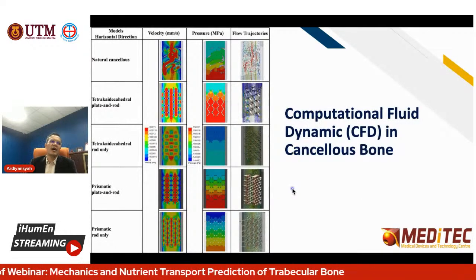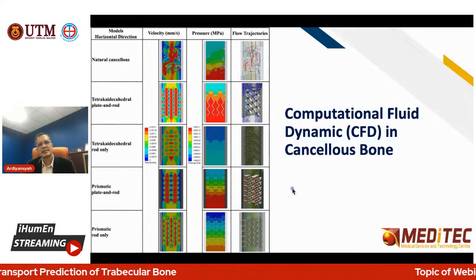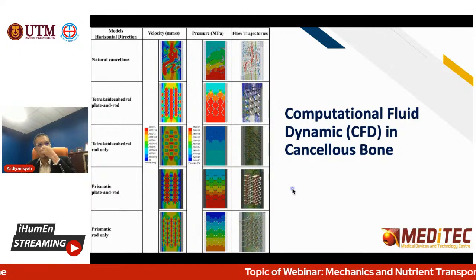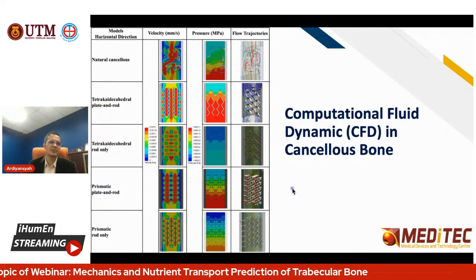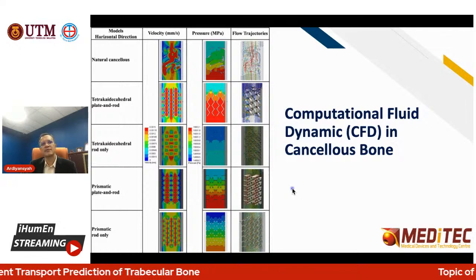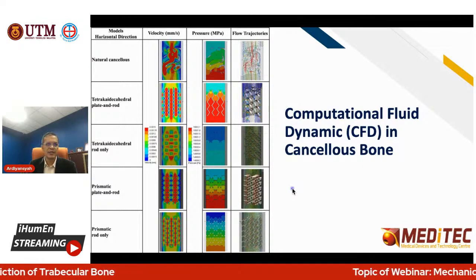After the experimental test, you can also simulate. Here we simulate a lot, both natural cancellous bone and synthetic cancellous bone. Here we use fully CFD, computational fluid dynamics, in cancellous bone.